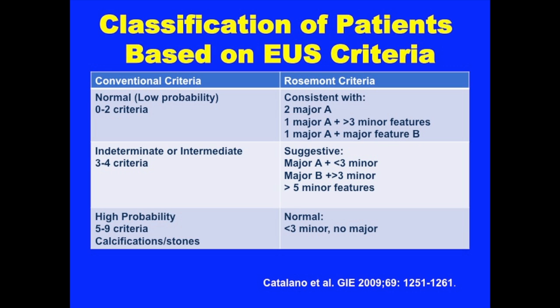The suggestive category is major A plus less than 3 minor, or major B, or 5 minor criteria. Compatible with chronic pancreatitis goes into the more obvious types of criteria, with 2 major A, 1 major A and greater than 3 minor features, or the major A plus a major B.